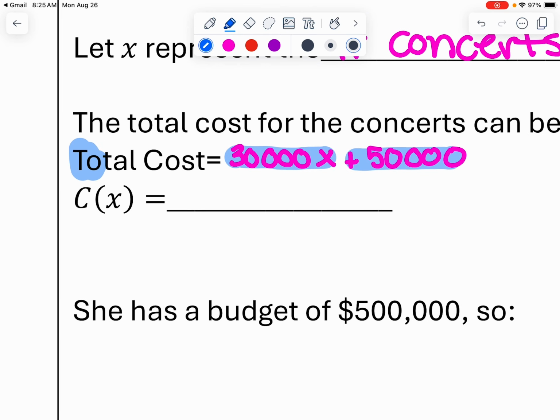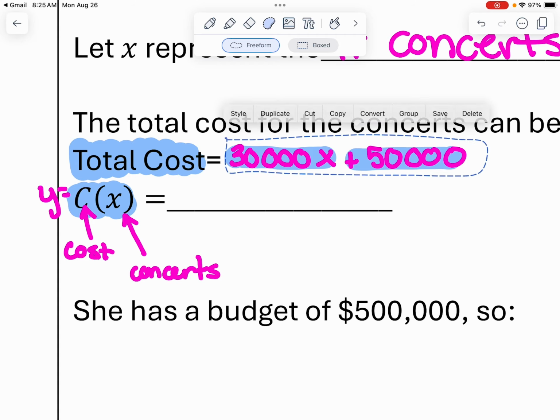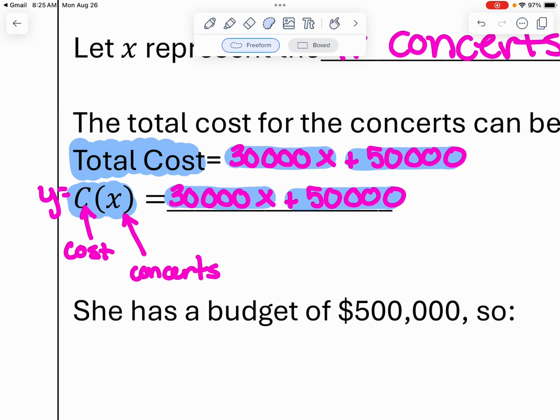Instead of writing the word total cost, we wrote it in what's called function notation. This is the cost, and it is based on the concerts. So this is really just y equals. All right, so we're going to drag this down. So there's my equation.